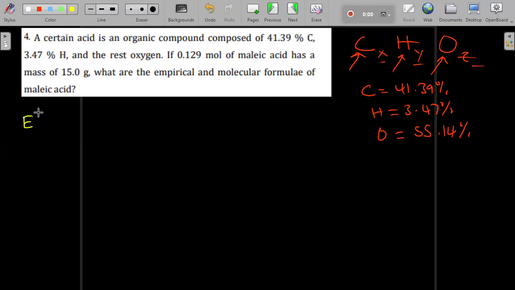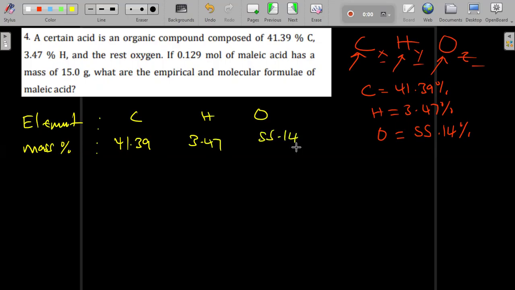The first thing is the element: we have carbon, hydrogen, and oxygen. The next thing is to write your mass percent. The mass percent of carbon is 41.39, of hydrogen 3.47, and of oxygen 55.14.